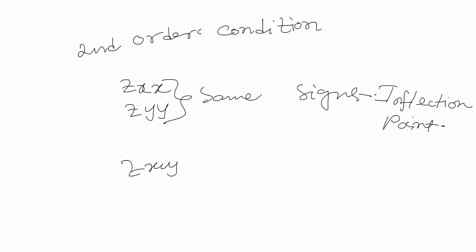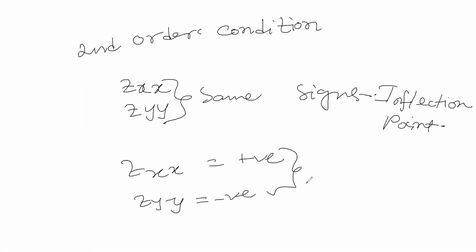Okay, now here, if I see that z of xx is carrying a positive sign and z of yy is carrying a negative sign, that means they are not carrying the same signs, rather they're carrying opposite signs.